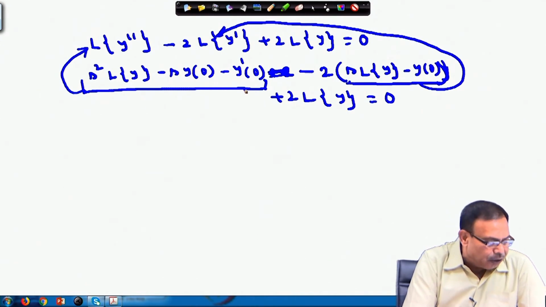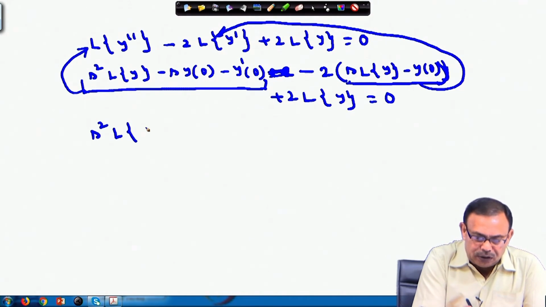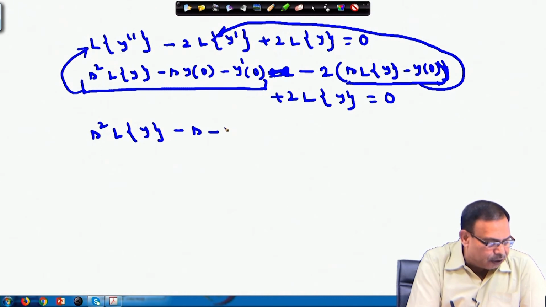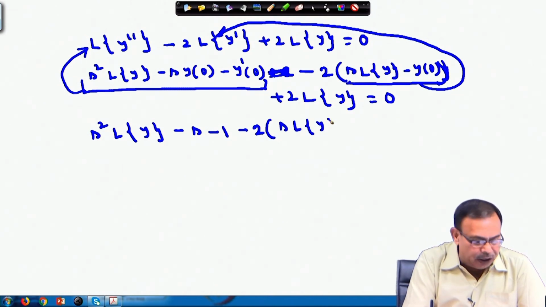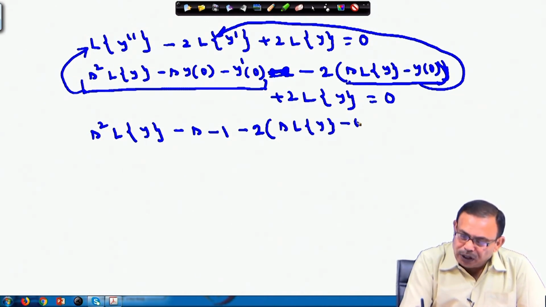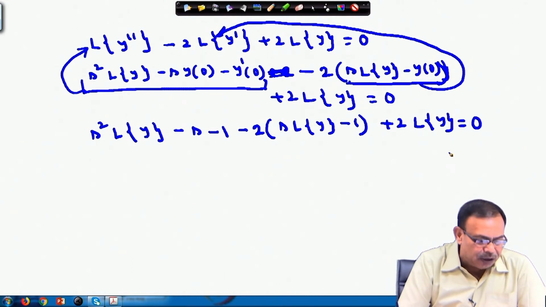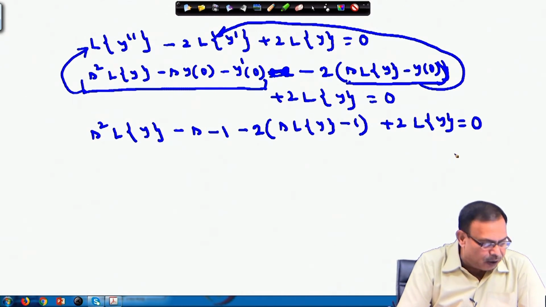If I substitute, I obtain s square into Laplace transform of y minus s minus 1 minus 2 into s into Laplace transform of y minus 1, since y 0 is 1, plus twice Laplace transform of y equals 0. I am obtaining this because y equals 1 and dy dt equals 1 at t equals 0.